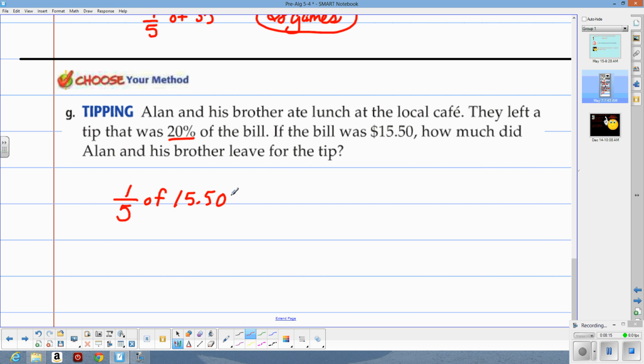Take $15.50 and divide it by 5, that's actually easy to do in your head because 5 goes into 15 3 times, and 5 goes into the 50 cents 10 times. So $3.10 is how much they would have left for a tip.